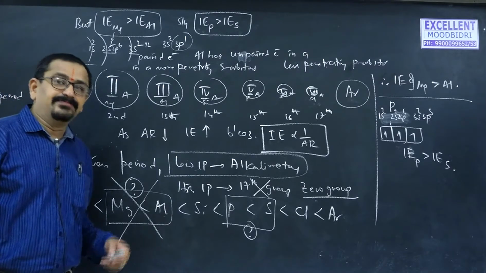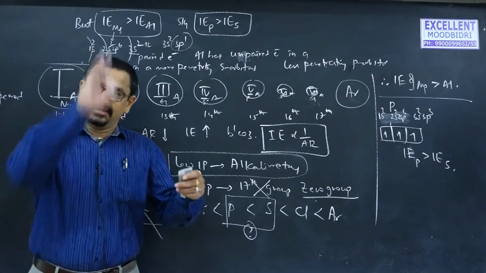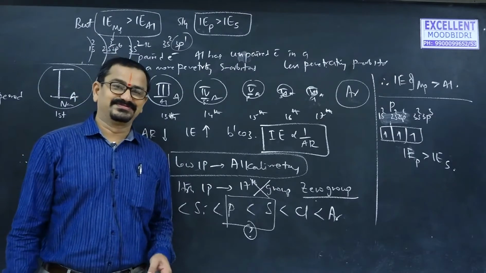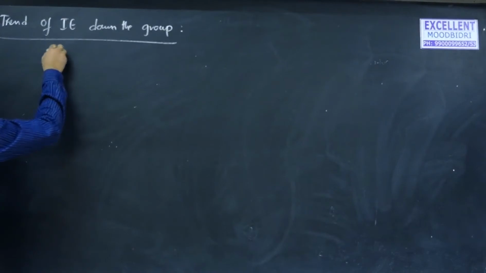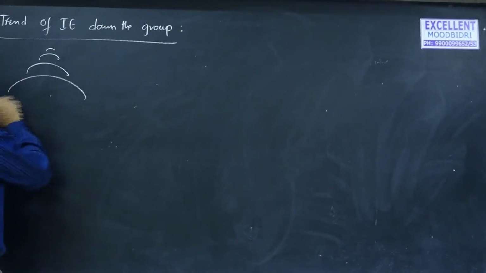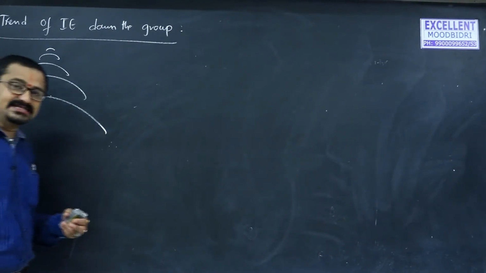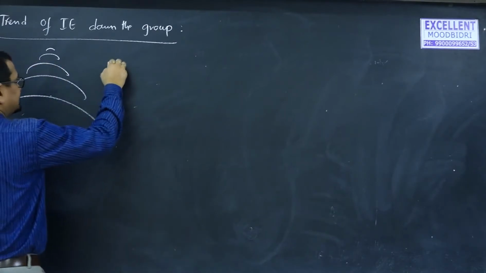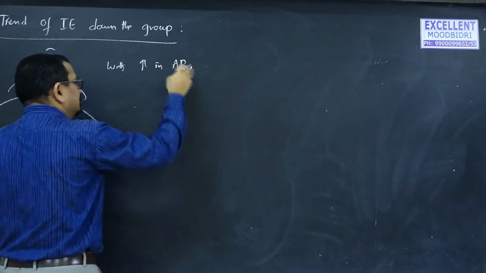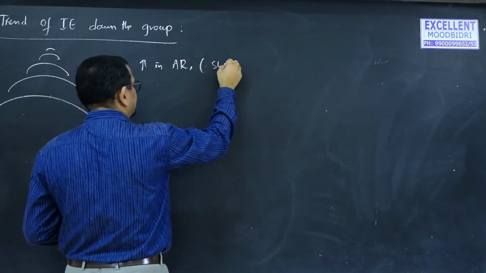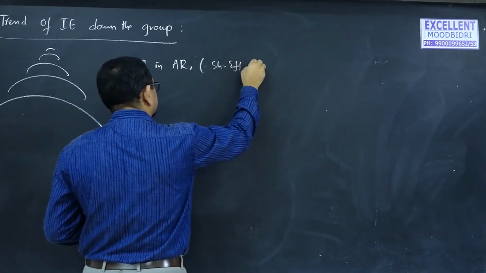Now let us see the variation of ionization enthalpy down the group. When it comes to the trend of ionization enthalpy down the group, atomic size increases. So with the increase in atomic size, with the increase in atomic radius, the shielding effect is already increasing.